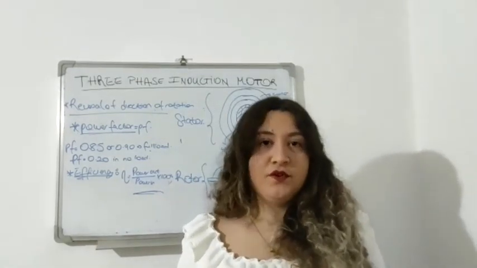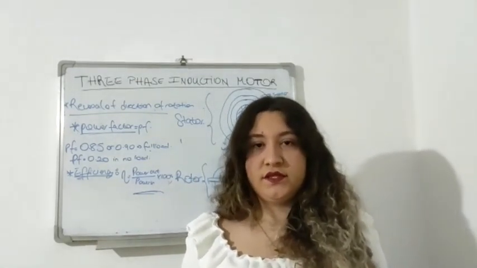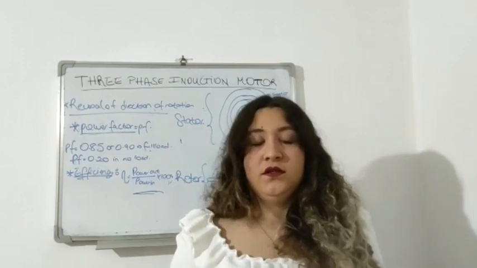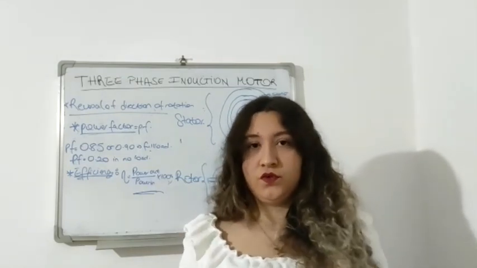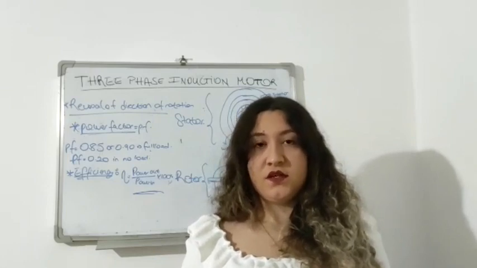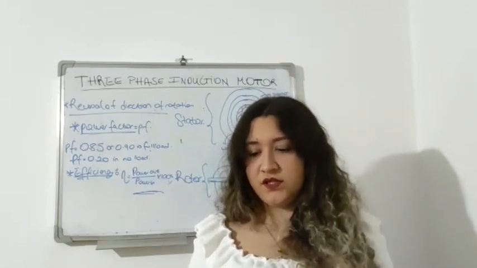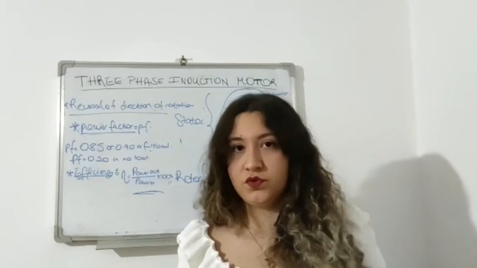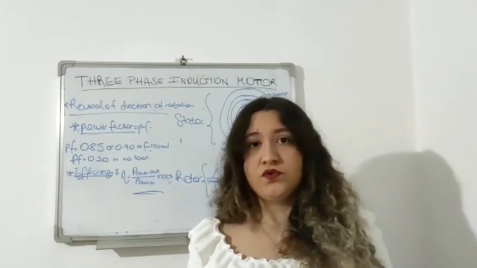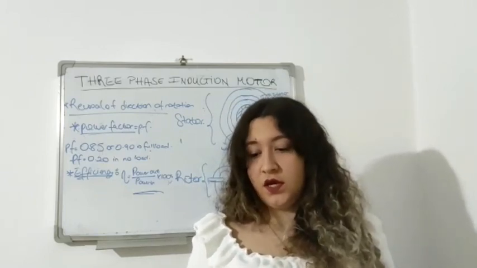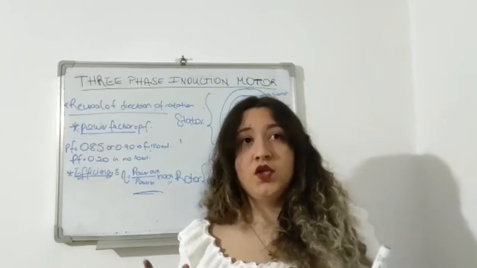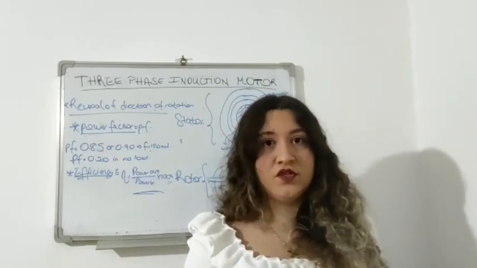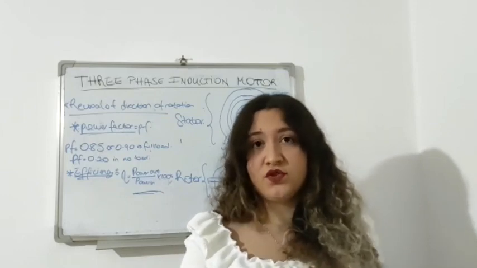And as a summary, I just wanted to say something. A three-phase induction motor has two parts, stator and rotor, and it is a self-starting motor. As you can see, I wanted to show you the motor too. We have the stator and rotor, we have the shaft, and we have the cable connection, and we can change the cable connection to produce the opposite direction of the motor.